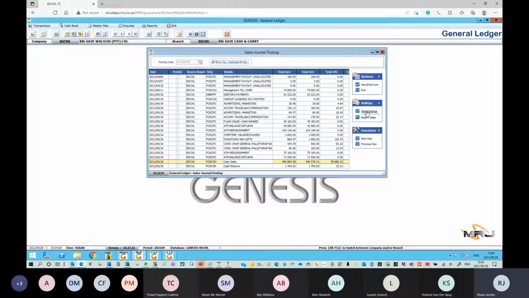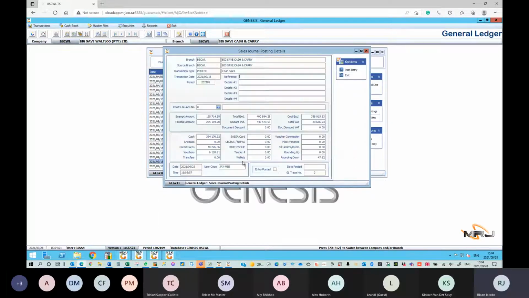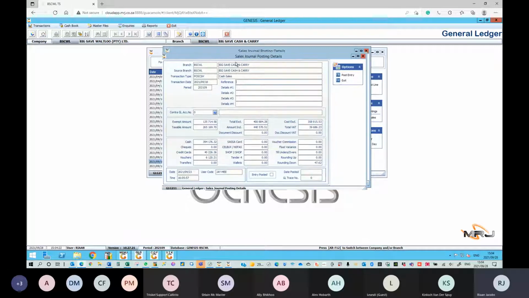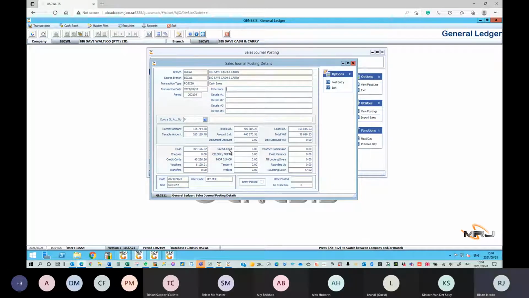If I then look at the posting, so if I click on it, there's a different view of posting, and just Control Enter. I think it only shows once it's posted. No, there it comes. Okay, cool. So this is a different type of screen or look, but it'll give you the figure.